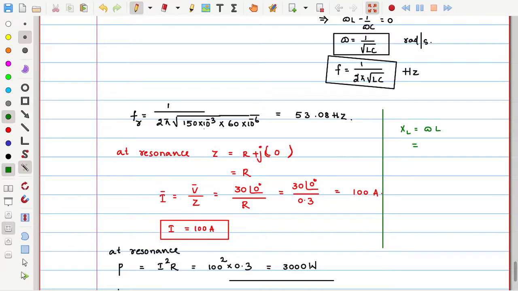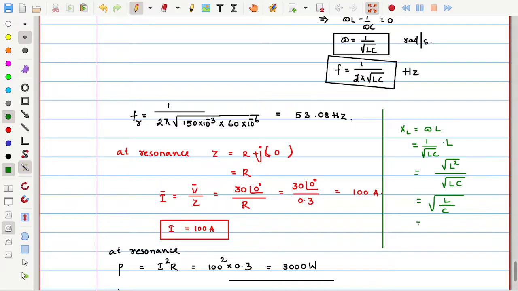If you multiply this 53.08 with 2 pi, you will get omega, or 1 by square root LC. You can write it in this way also: omega is 1 by square root LC, into L. So L can be written as square root of L squared divided by square root of LC. So this becomes square root of L by C.